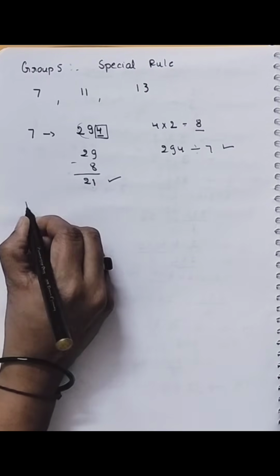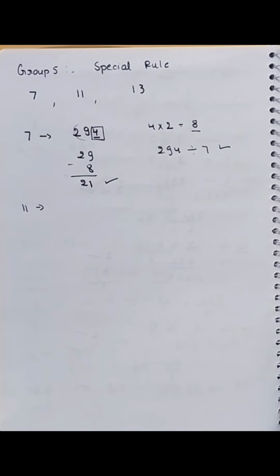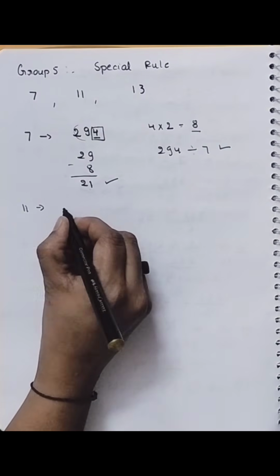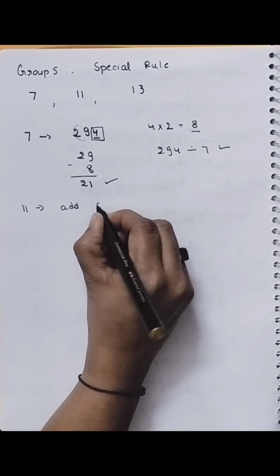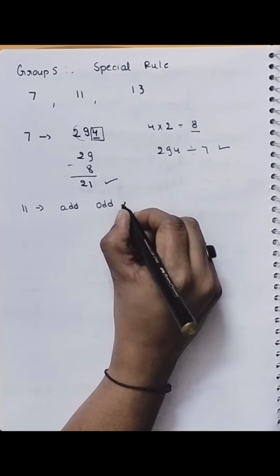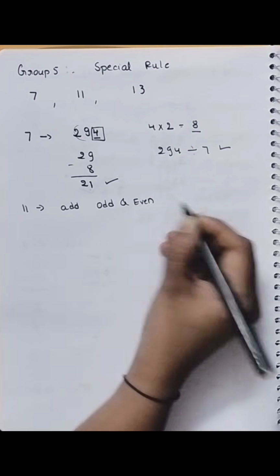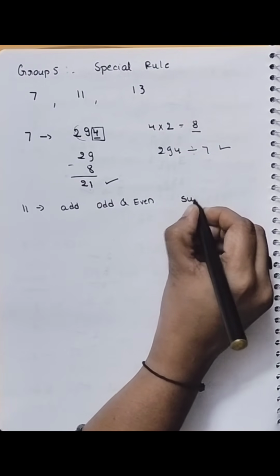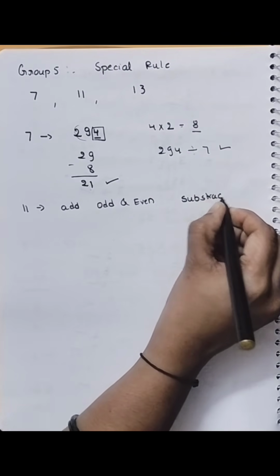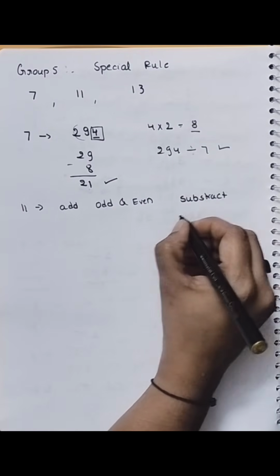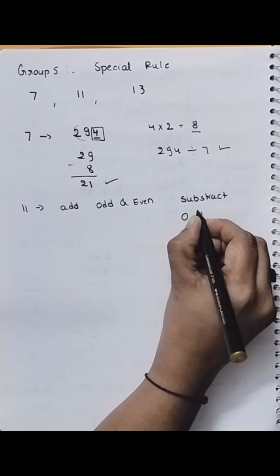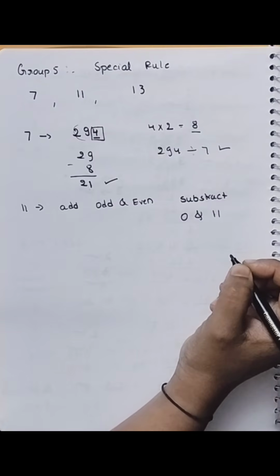Next, for 11, what we have to do is add the odd and even position numbers separately and subtract those values. If you get 0 or a multiple of 11, then the entire number is divisible by 11.